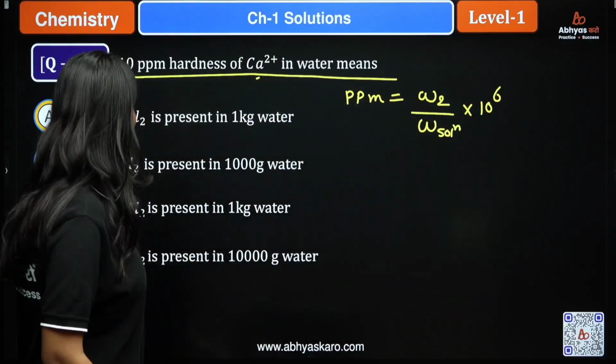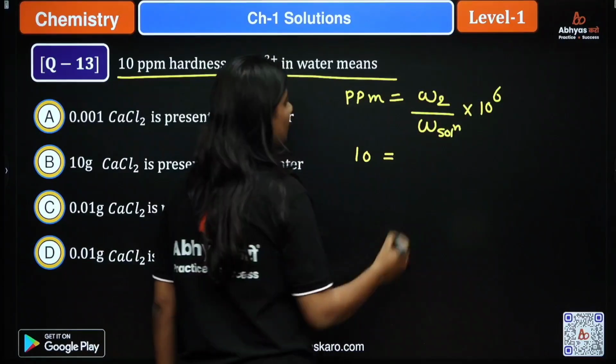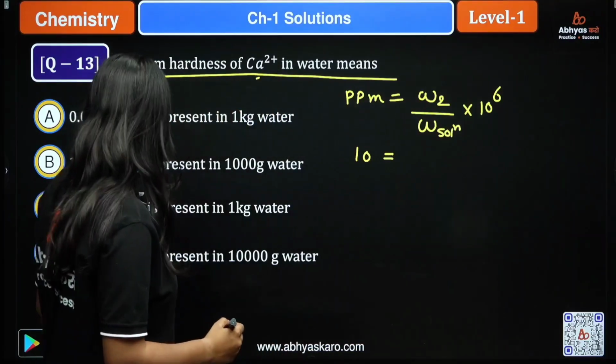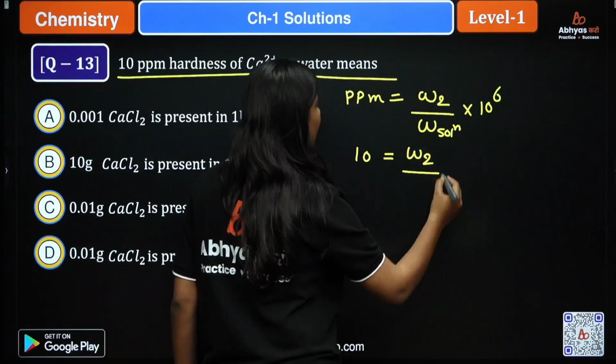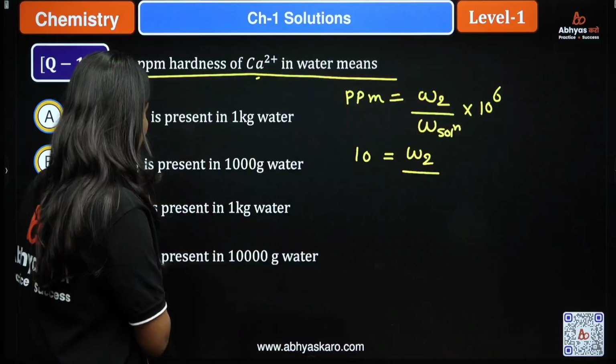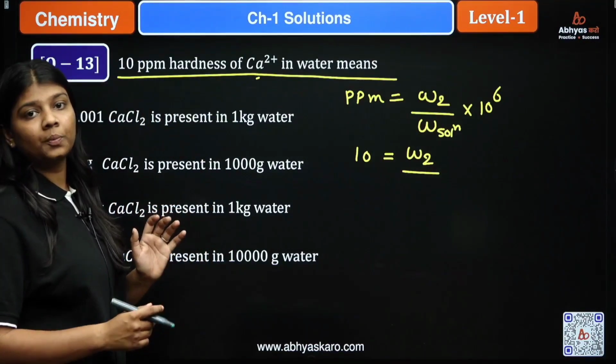They are giving the value of ppm, that is 10 only, is equal to W2, which they are asking, and what will be the volume of solution. As you can see in all of the options, you have to see the options also, students.